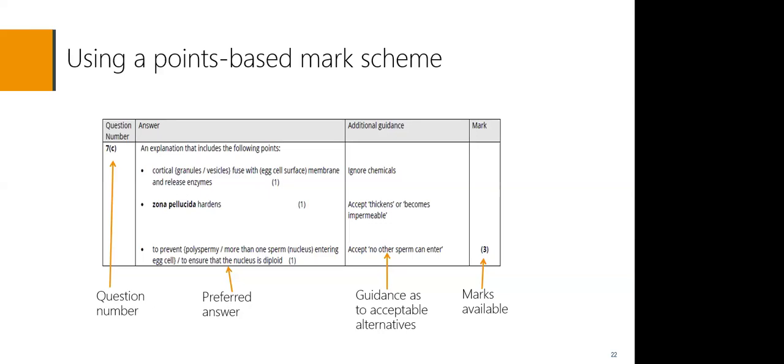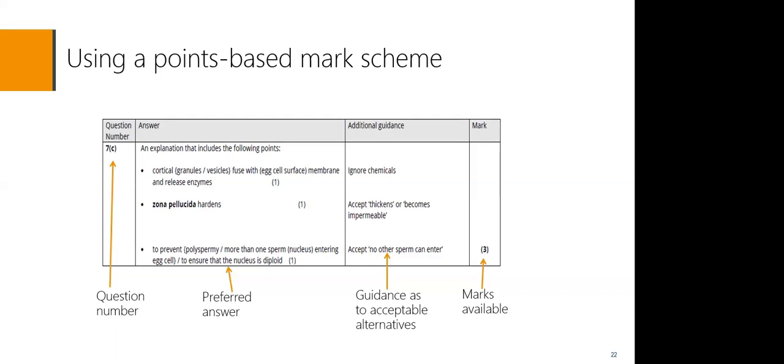And this is characteristic of mark schemes in the new IAL qualification. Now, if we have a look at the use of brackets in the answer box, curly brackets identify alternatives, one of which must be present. So in this case, candidates must refer to cortical granules or cortical vesicles.